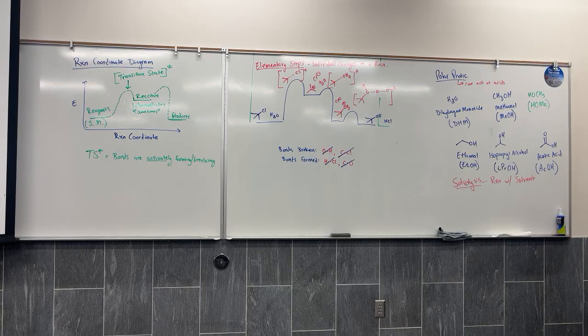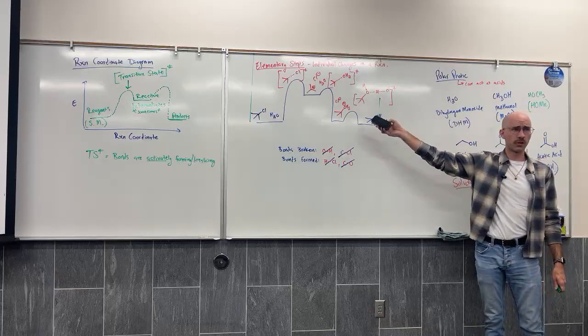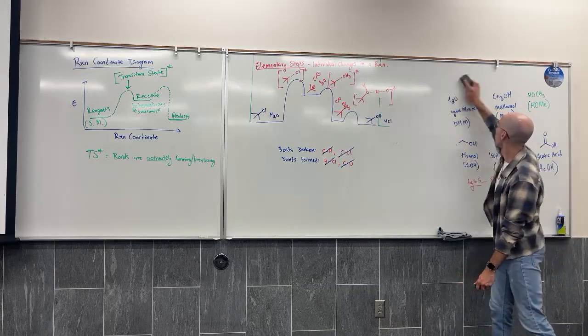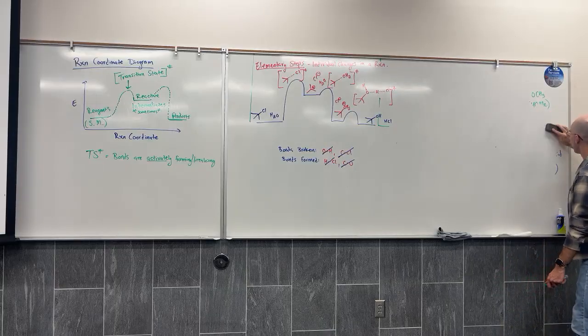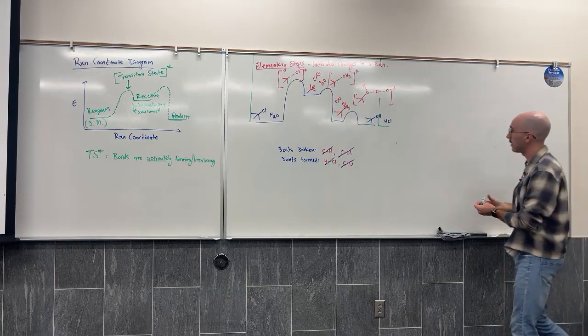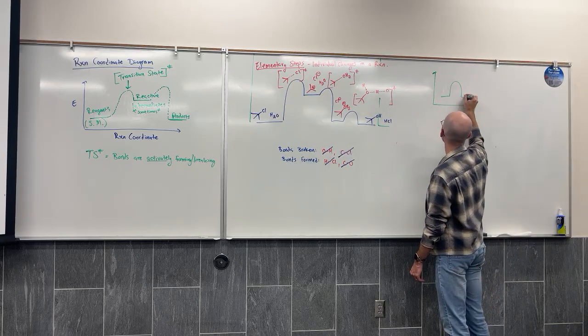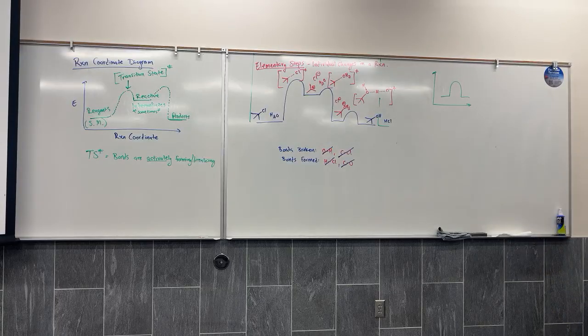So, first, a one-step mechanism. I am sorry, we're not going to go over this one, but we can always come back to it if you guys want more practice. A one-step mechanism is very simple. It means that the reaction coordinate diagram looks like this. Starting materials to products.